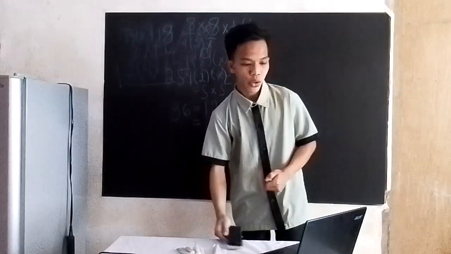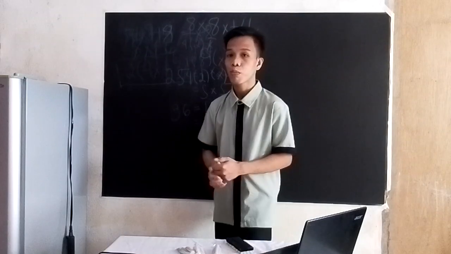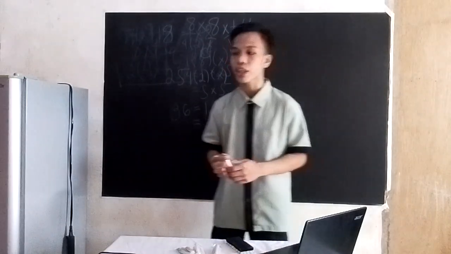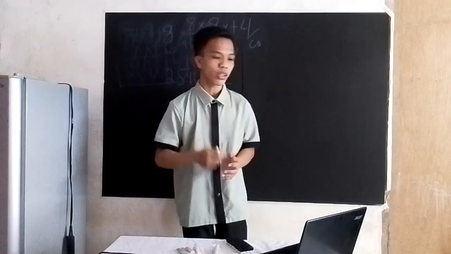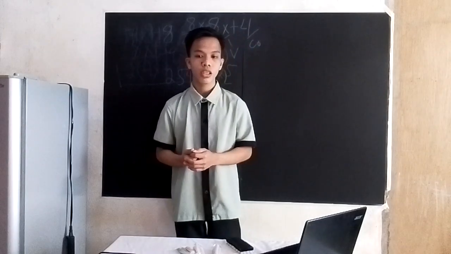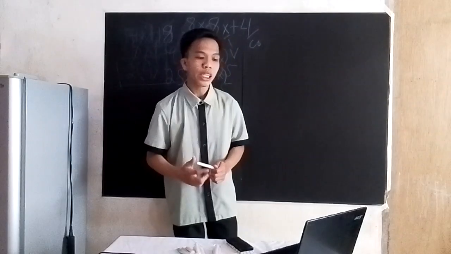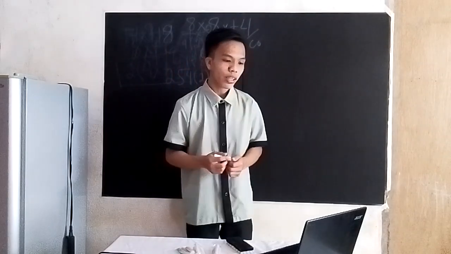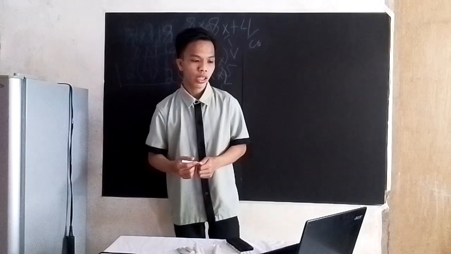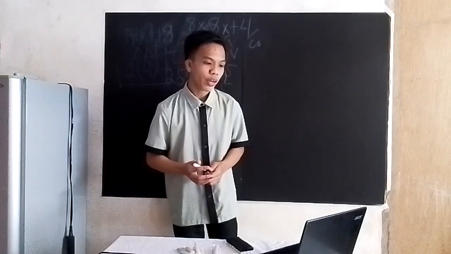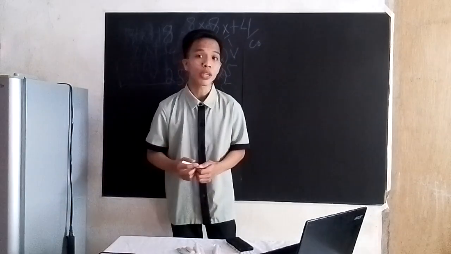Our main topic is factoring polynomials. Kindly read the definition. Yes, Ernesto. Thank you, Ernesto. Factoring a polynomial is expressing the polynomial as a product of two or more factors. It is somewhat the reverse process of multiplying.